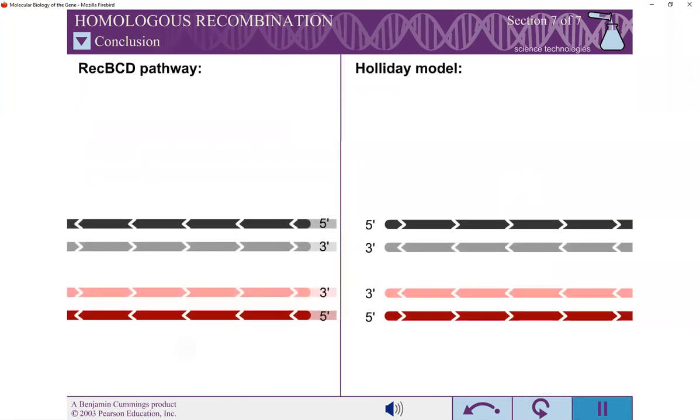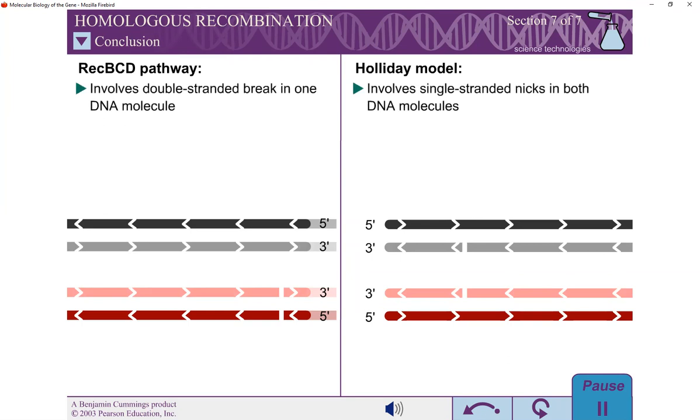Moving forward. The double-strand break repair model of homologous recombination differs from the Holliday model in several respects. First, the double-strand break repair model involves a double-stranded break in one DNA molecule, rather than single-stranded nicks in both DNA molecules. Rather than a single-stranded nick, a double-stranded break is being produced here.